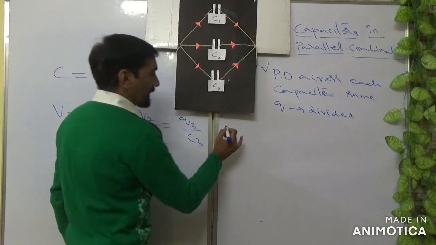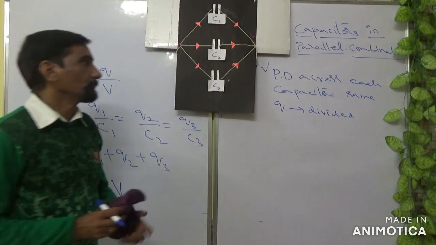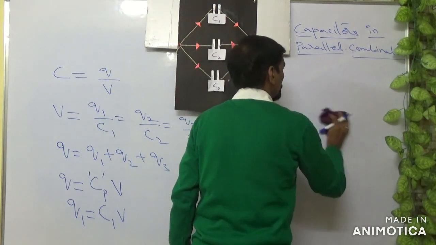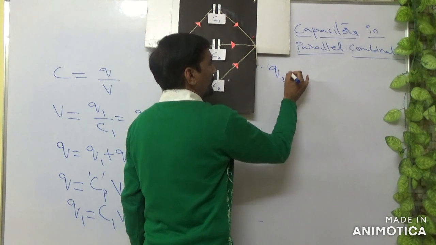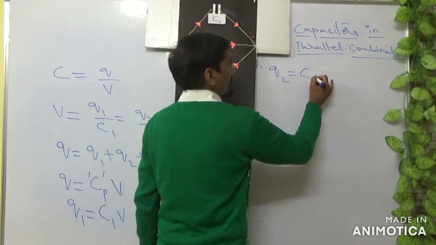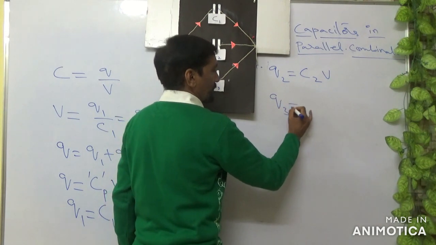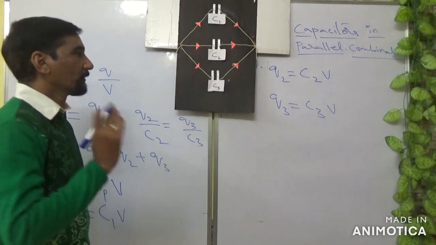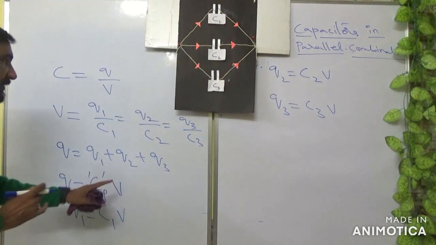Charge on second one is C2V, right? Charge on third capacitor is C3V. Okay, so total charge Q taken as CpV now.